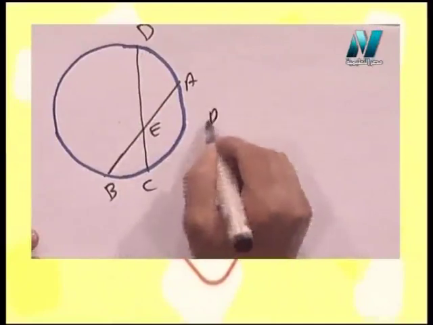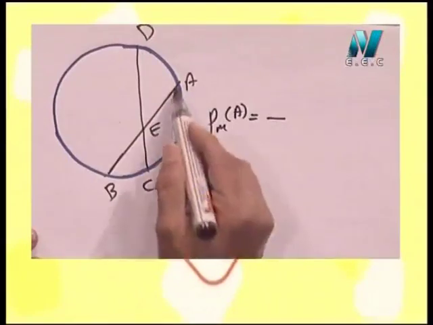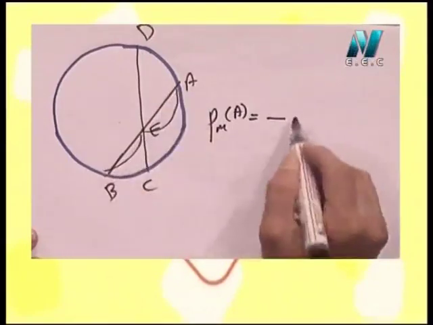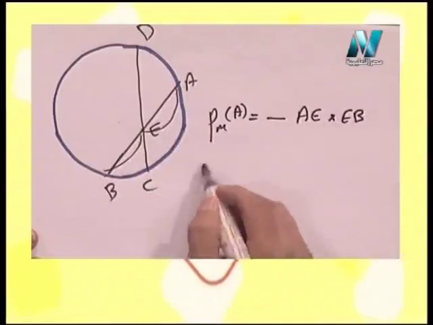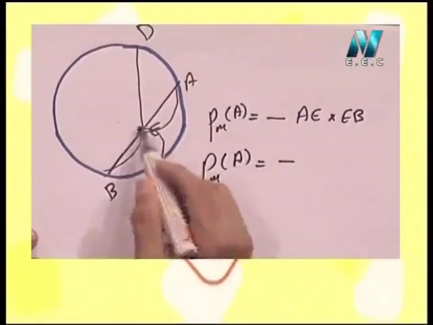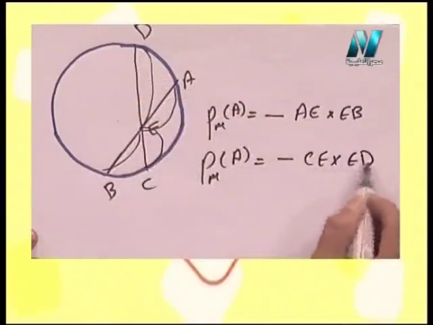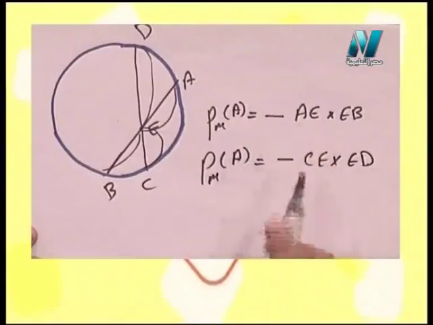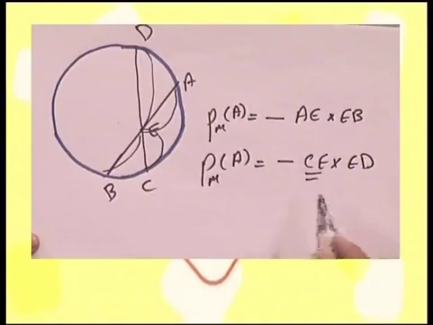And here the power of the point A equals negative AE multiplied by AB, and also the same power of the point A equals negative CE times ED. We have here two important equations to find any side length. If we would like to find CE, ED, or the power of the point, we will solve many equations.